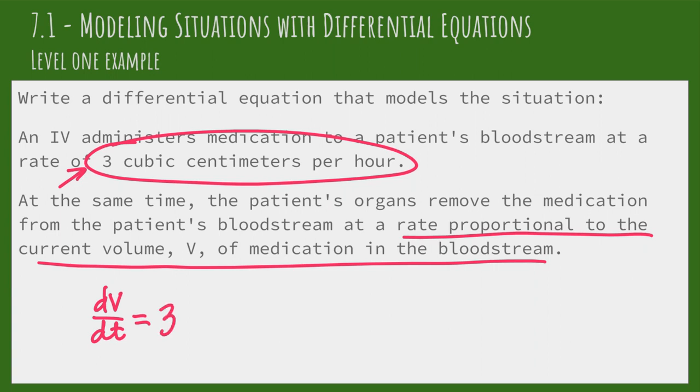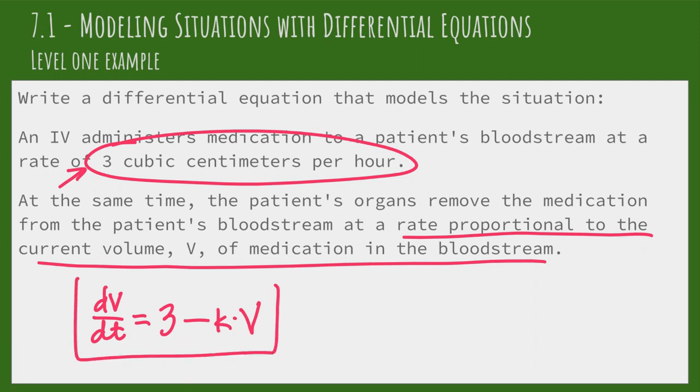Okay, so if it were just dV/dt equals 3, that means that it's just increasing by 3. So there's 3 cubic centimeters per hour being added to the bloodstream every hour. However, we're also taking away some, and that is proportional to the amount of medication in the bloodstream. So it's proportional to V, so it's going to be k times V.